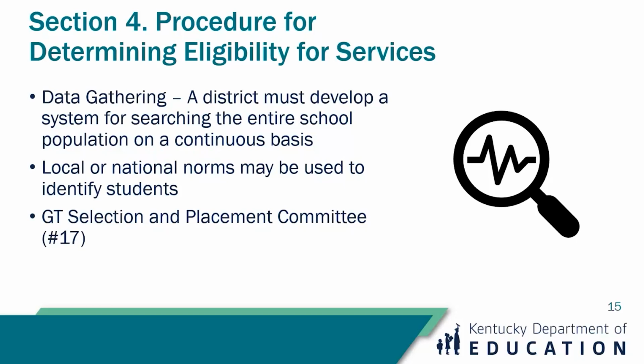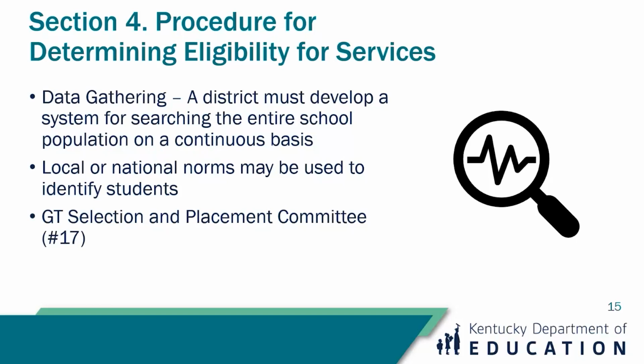And then the section talks about that local or national norms may be used to identify students. Now, sometimes local norms may seem to be a topic that's not well understood, and so if that's something that you'd like to know more about, on the GT Coordinator One Stop, there is a PowerPoint and a recording about local norms and how to use them, what they are.